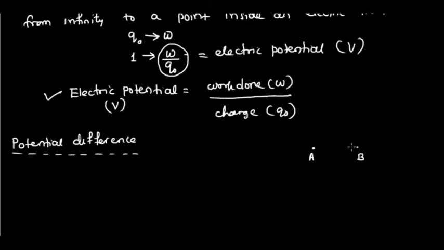How to find it? Potential difference between 2 points is defined as the amount of work done to move a unit positive charge from one point to the other point.